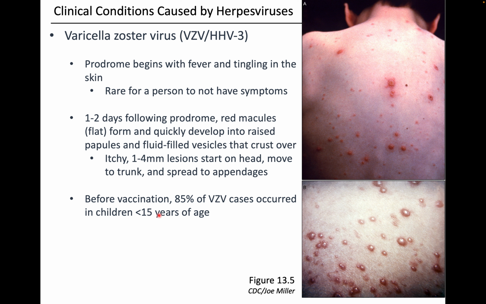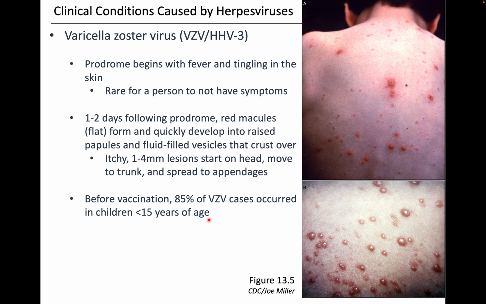So before the vaccine was available for VZV, the vast majority of people, 85%, were contracting this virus before the age of 15. And in fact, because symptoms tended to be more severe the older you were when you got your primary infection, it was generally believed it was better to just go ahead and catch chickenpox while you were young, if possible, just to get it out of the way.